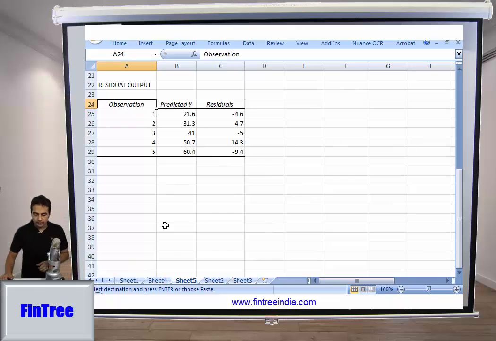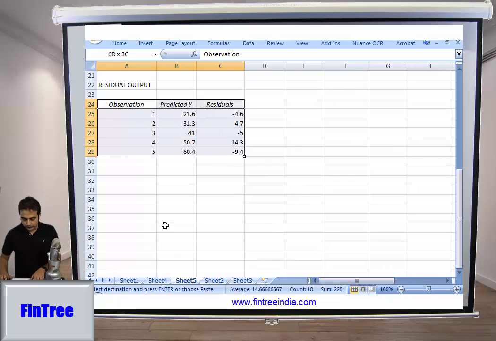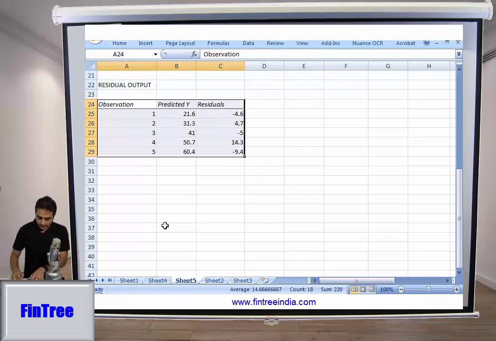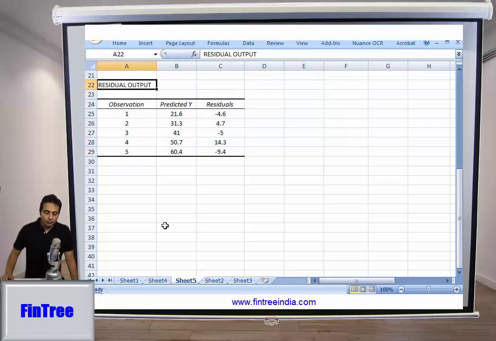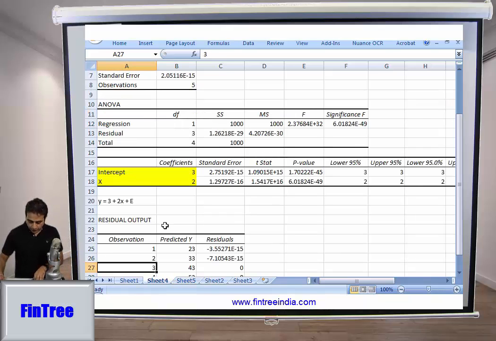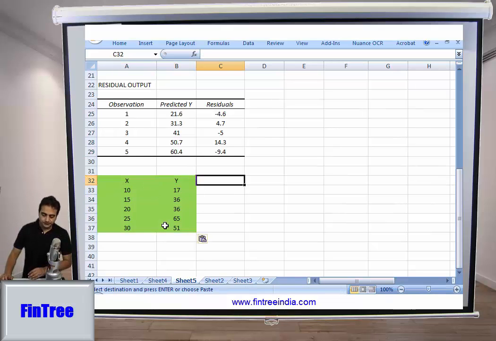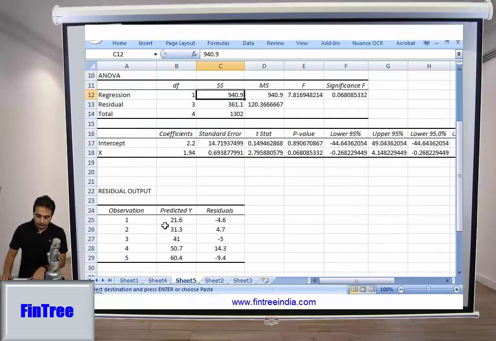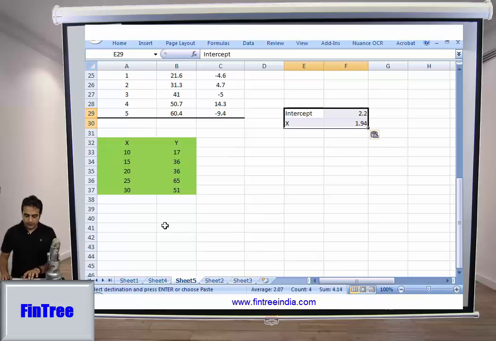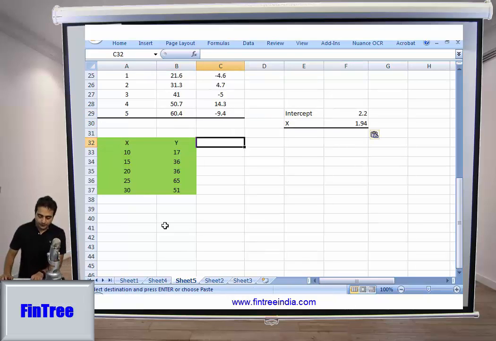Now observe this carefully. What we have is a residual output here. So this is observation 1, 2, 3, 4, 5. In fact, let me copy paste the actual data. So this is the actual data. Now your intercept and slope values are provided to us here. So these are intercept, these are slope value.